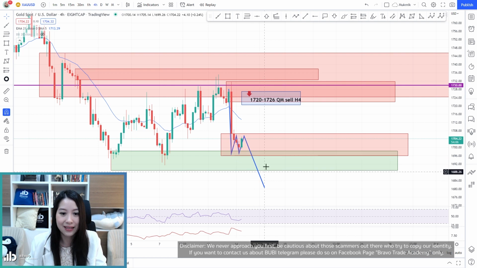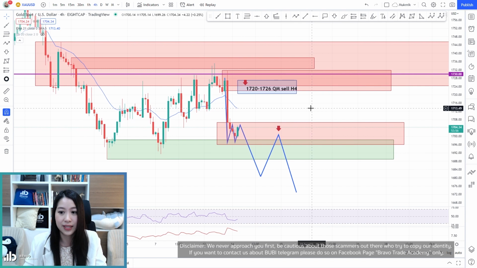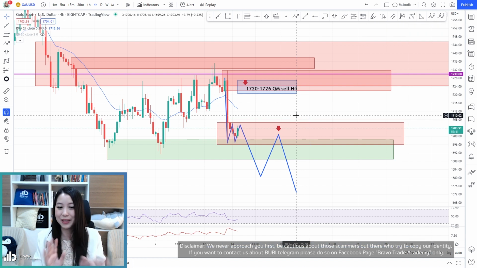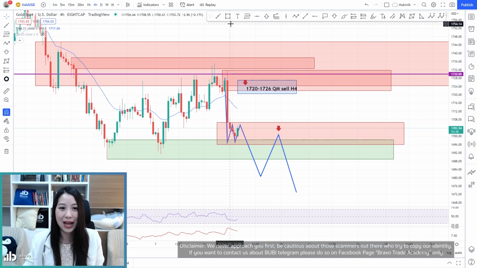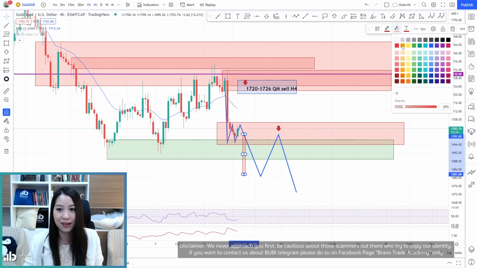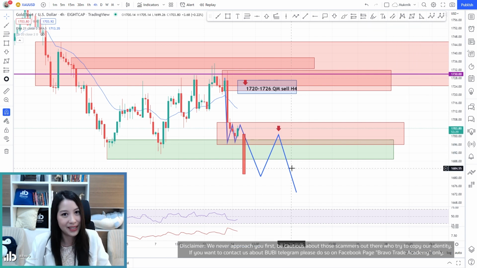And if it did form this brand new zone, we will be waiting for selling patterns at around 1700. All right, but this is not happening yet, so I could not give you an exact number for this plan. But it could happen. So keep this picture in your mind. If you have this break imbalance of the bearish candlestick, that's where we will consider a sell at around 1700.